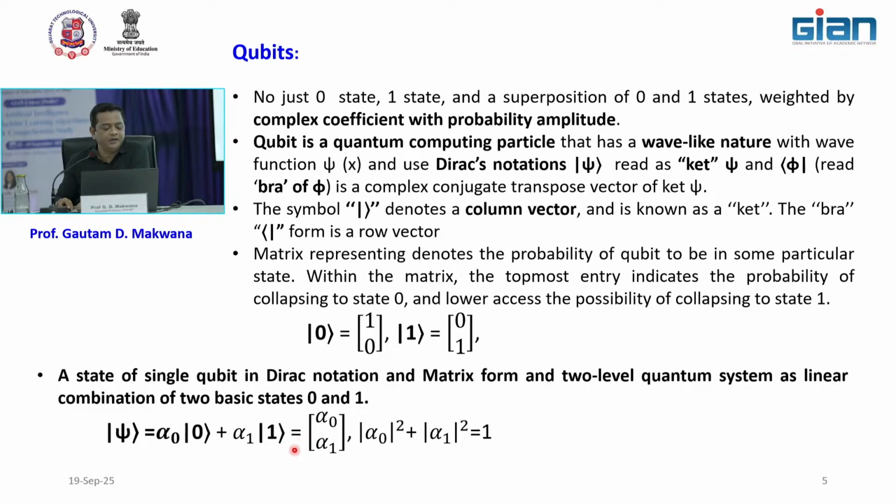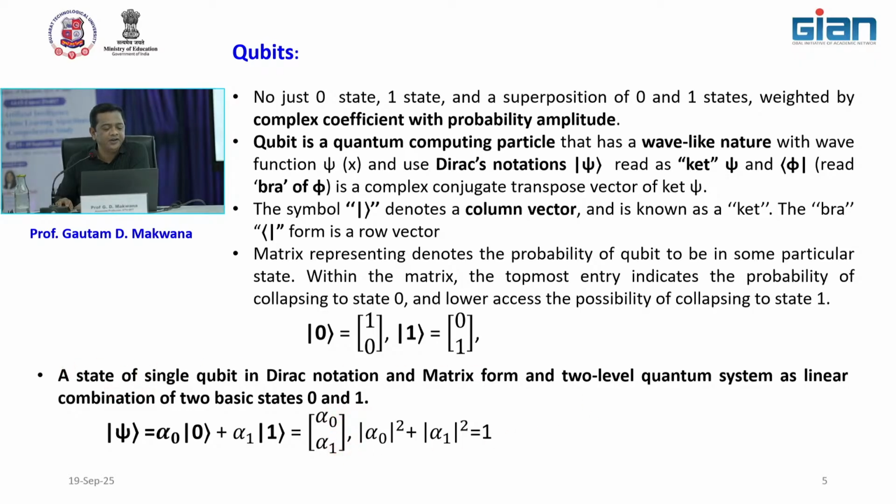It is represented in matrix formation as alpha 0 and alpha 1, where alpha 0 and alpha 1 are complex coefficients with a probability distribution, and the sum of the squares of these coefficients should be 1. So alpha 0 square plus alpha 1 square should be 1. This indicates it is a probability distribution with the complex coefficients alpha 0 and alpha 1.